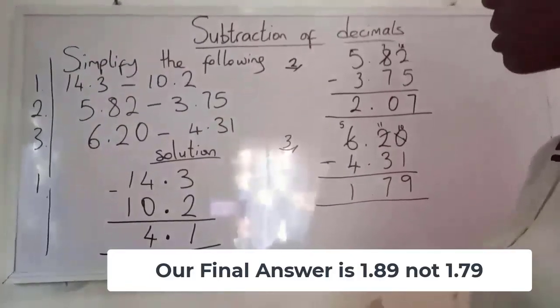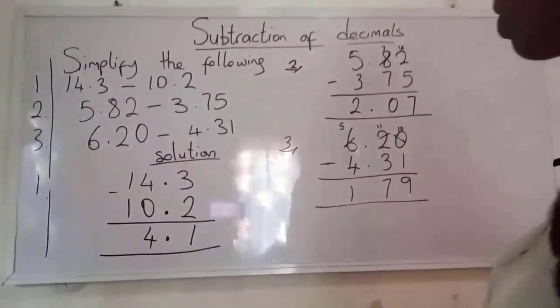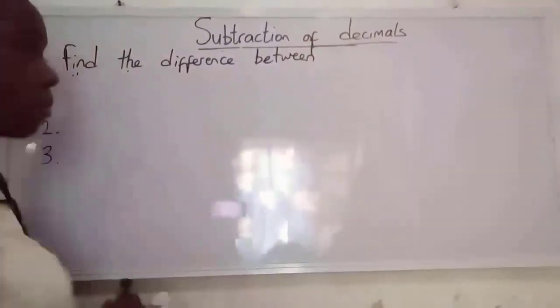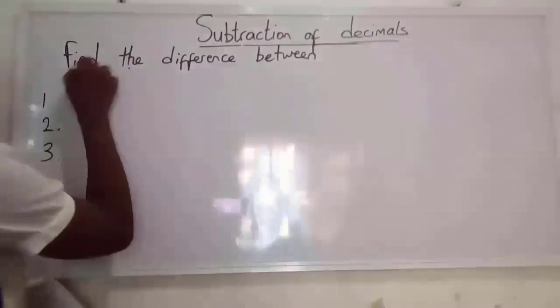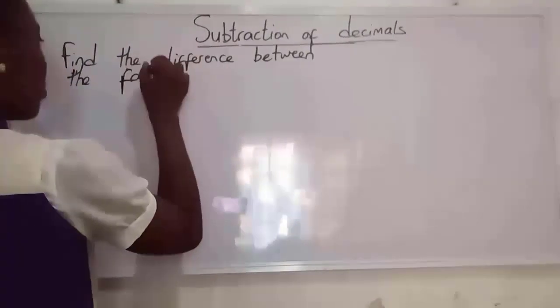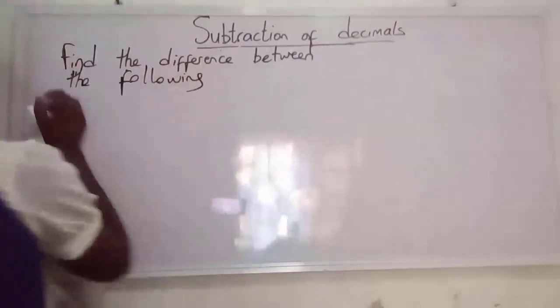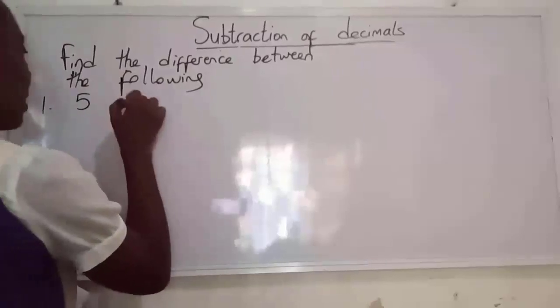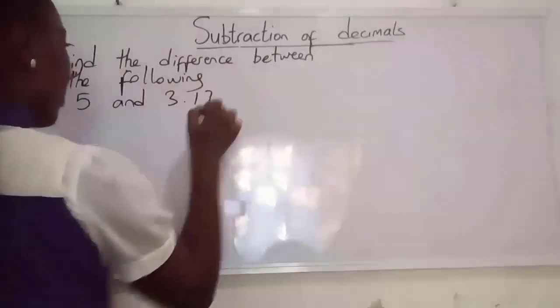What if you are asked other questions? Let's see other examples. What if the question comes in this form? Find the difference between the following. Number 1, we have 5 and 3.17.